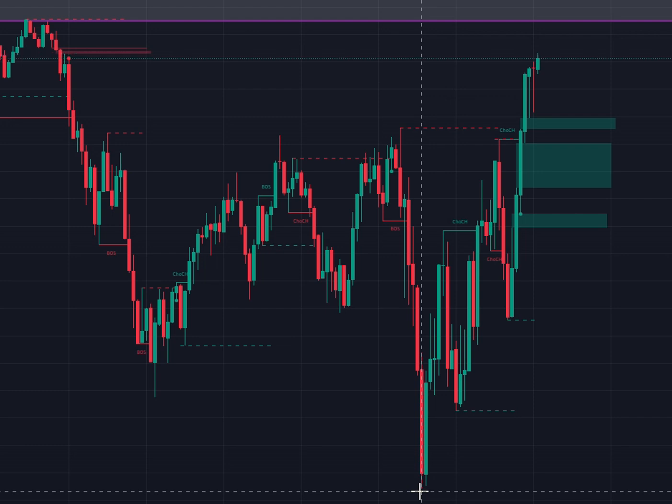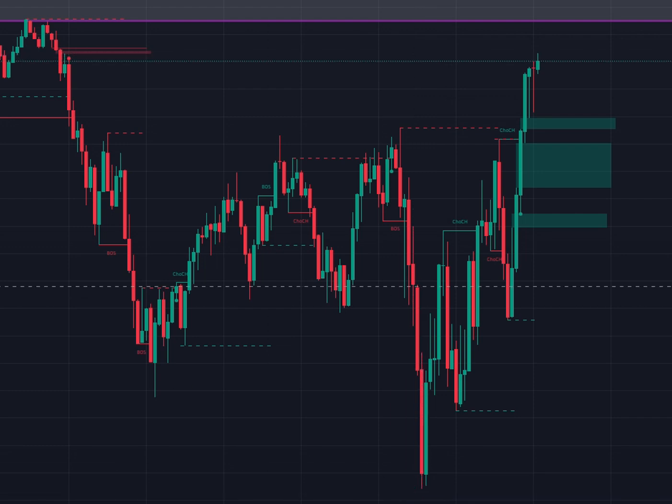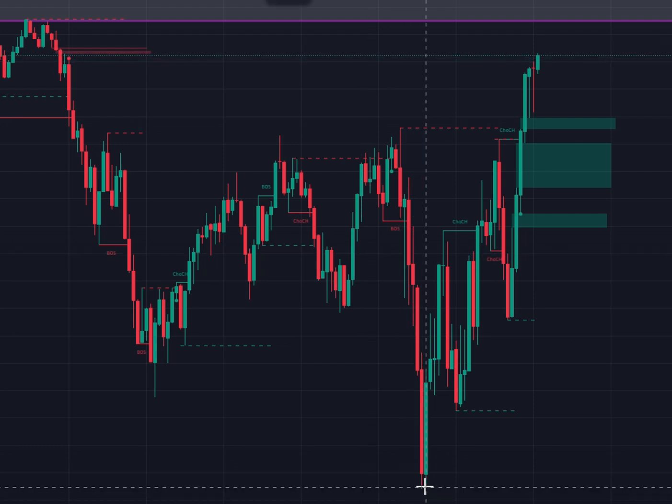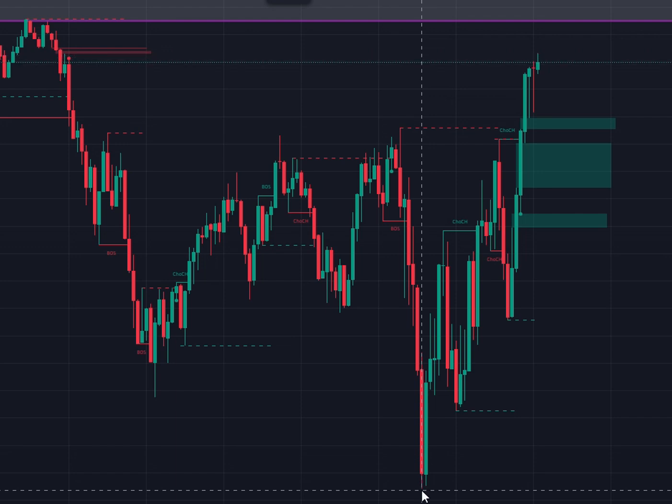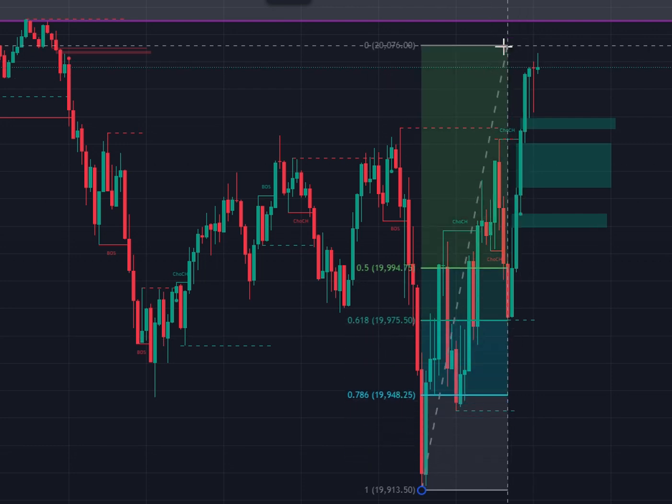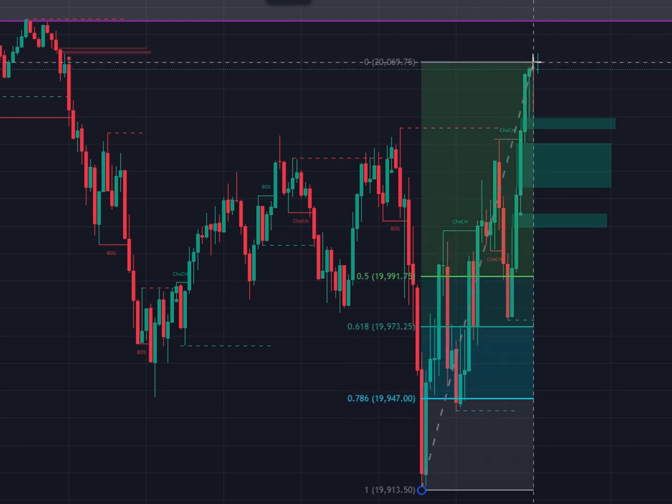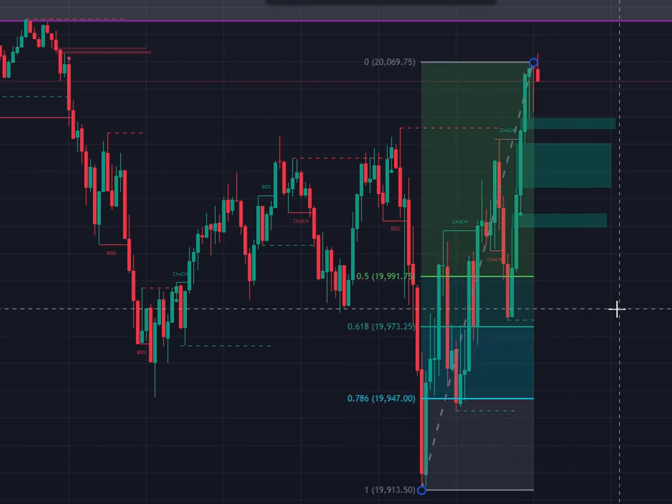What do I mean by that? Well, you can use the Fibonacci retracement tool here, get your previous low here, and bring it up to your high. We'll just say it's there for now.